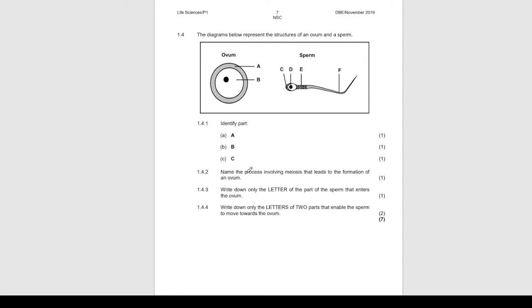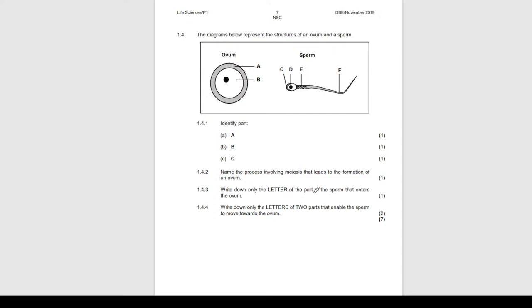Name the process which does the formation of the ovum. Formation of the ovum is done by oogenesis, which involves meiosis. Remember, we have gametogenesis, which means formation of gametes: spermatogenesis, formation of the spermatozoa, and oogenesis, formation of the ova.